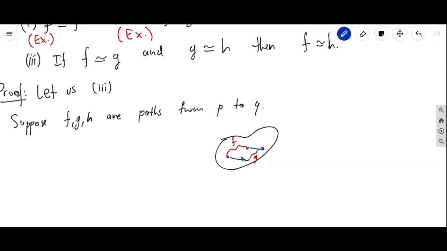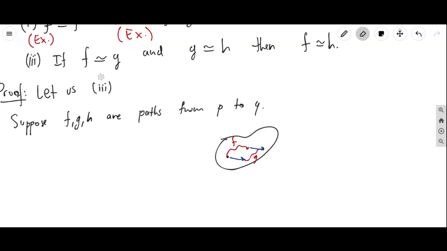So I understand that from the picture, but the definition of a path homotopy is set up this way: paths are required to start and end at the same point. So even in the picture, you can see that you can continuously deform F into G, but you would not say that they're path homotopic because the definition of a path homotopy requires that the paths start and end at the same point.